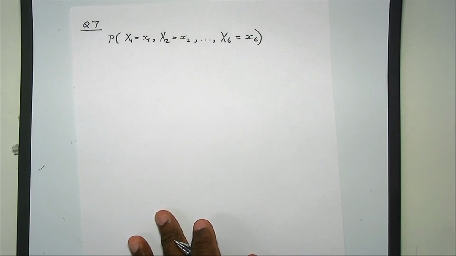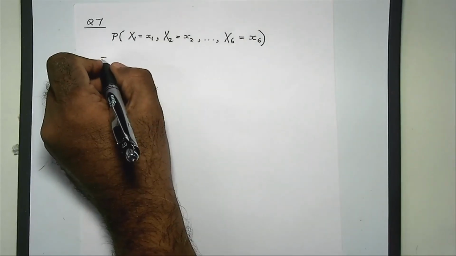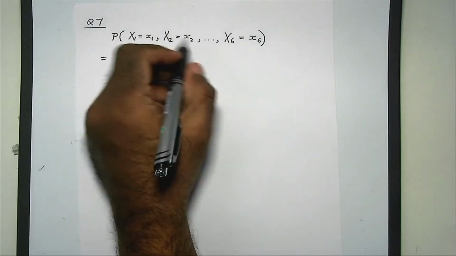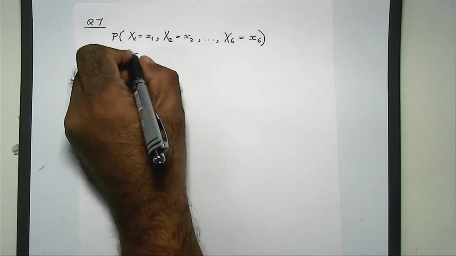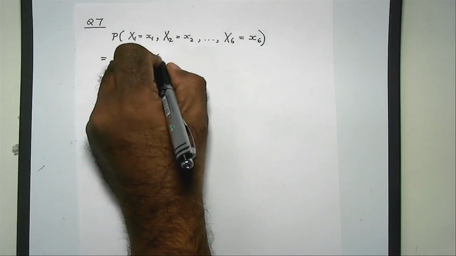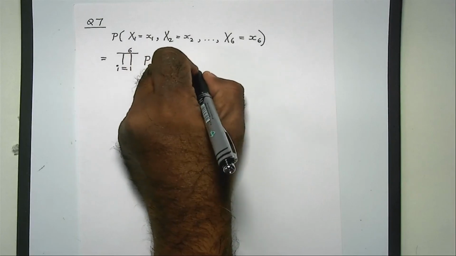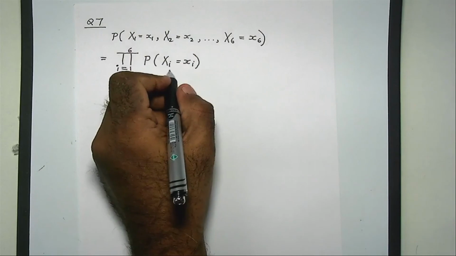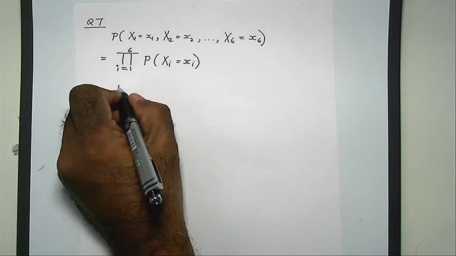Because they are independent, we can write this as a product from 1 to 6 of the probability that capital Xi equals little xi. Now we are assuming that this is a Poisson random variable.